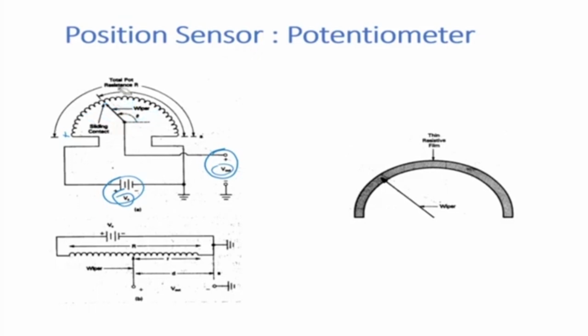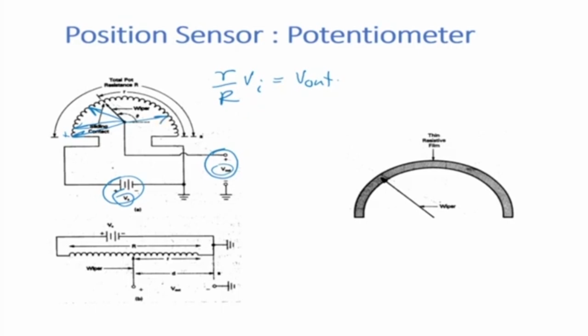For example, if the wiper is here, the voltage coming out will be the ratio of small r to capital R times V in. That is V out. As it rotates, small r is increasing or decreasing. When it is here, small r becomes equal to capital R. When it is here, small r will be very small.